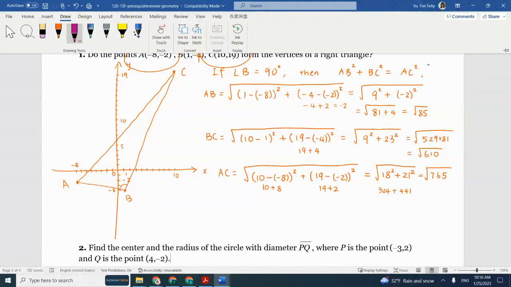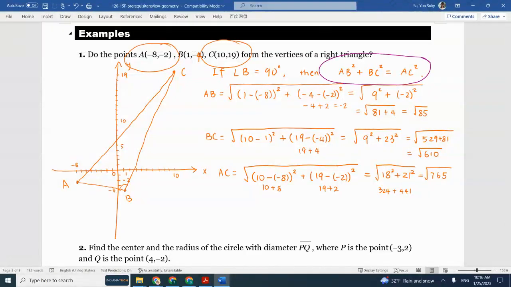So now we're ready to plug in that equation, the Pythagorean formula. AB squared: AB is the square root of 85, squared, plus BC squared, 610, is it equal to AC squared, the square root of 765 squared? And you know the square root and square cancel.